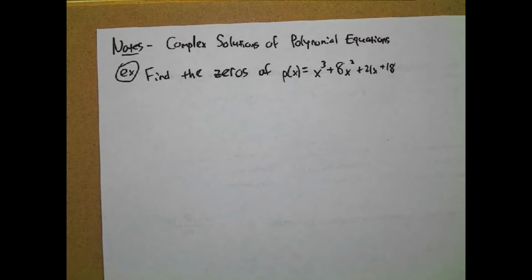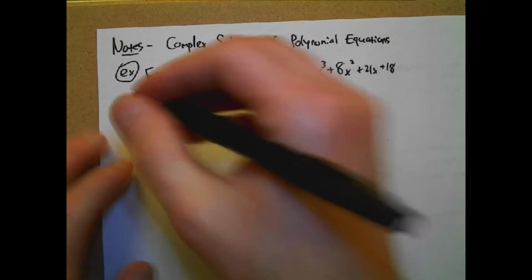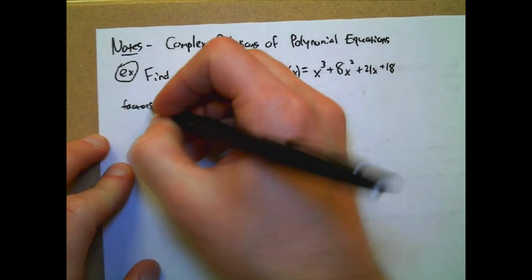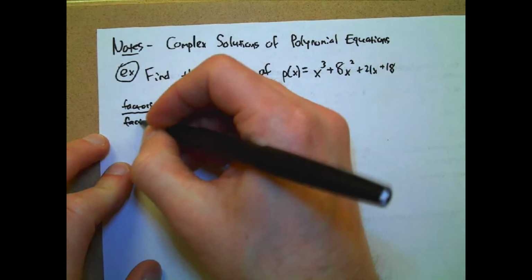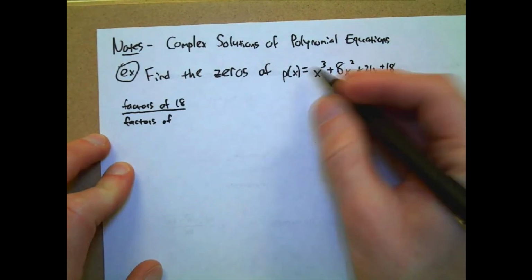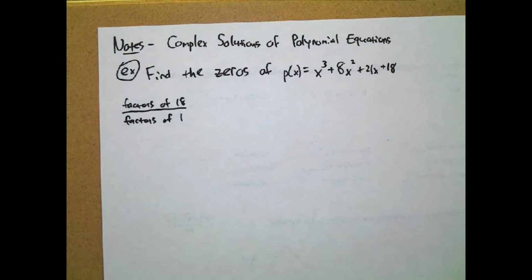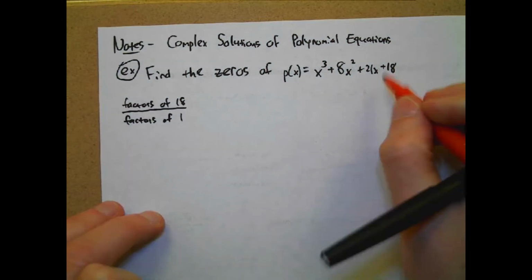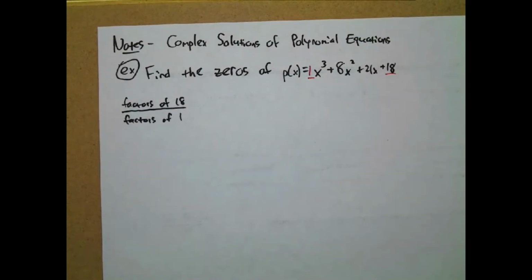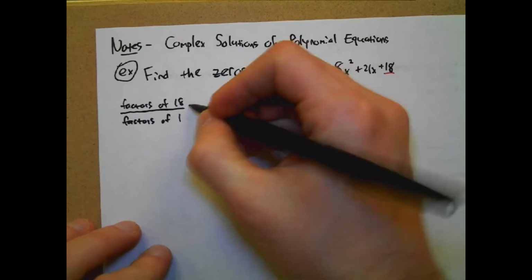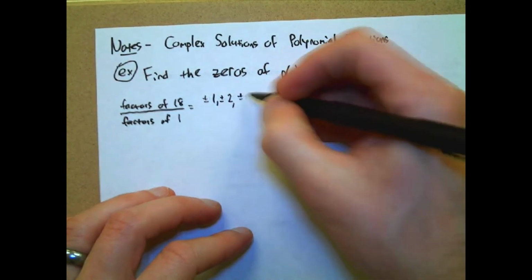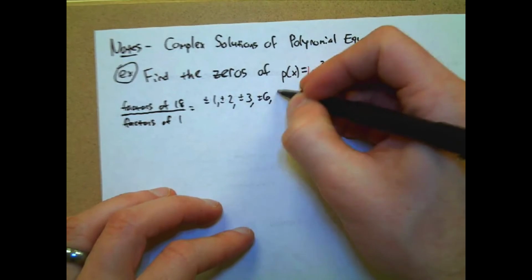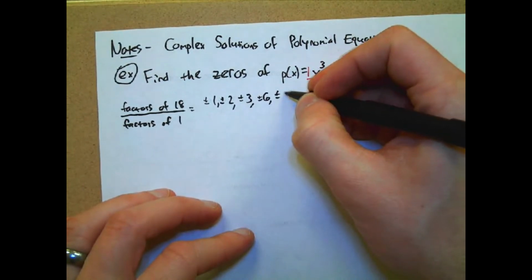All right. So we'll kind of go through our things here. So we want factors of 18, and we're going to put those over factors of our lead coefficient there, which is 1. So what are the factors of 18? 1, 2, 3, 6, 9, and 18.